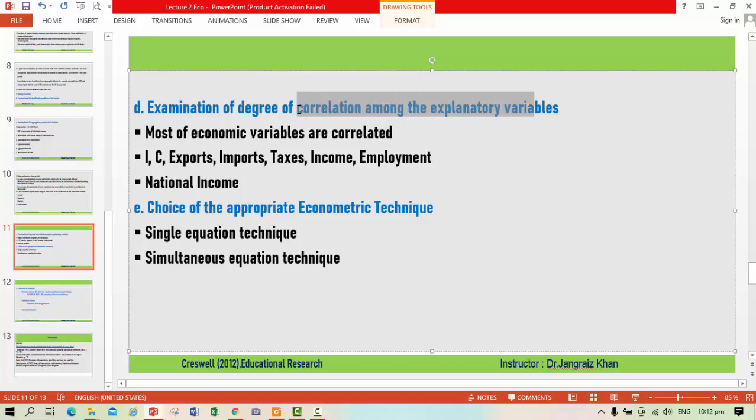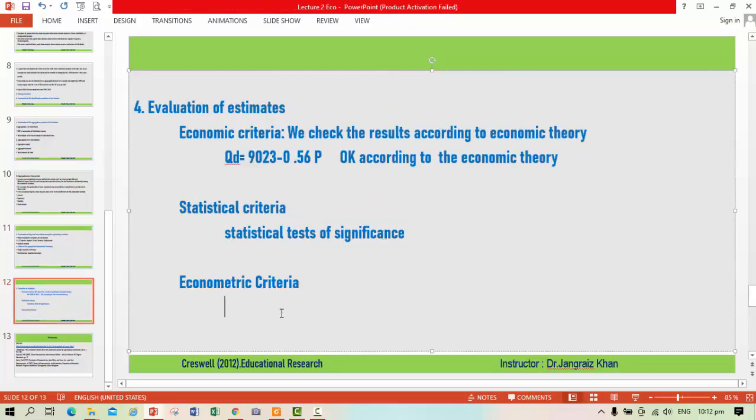If the variables are correlated, then we have made a mistake, and the assumption has been violated, because the assumption of OLS is that the explanatory variables are not perfectly linearly correlated. Similarly, if you have misspecified the model, then also we have an issue.